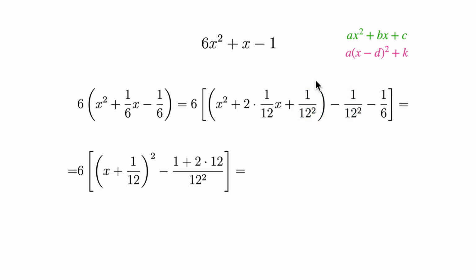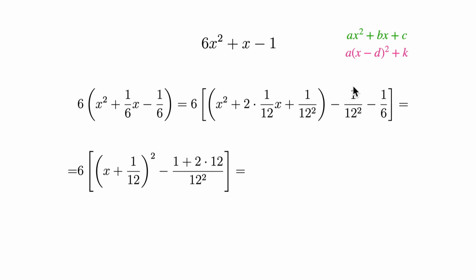And now here I already do have a perfect square. It is x plus 1/12 all squared, and now I just have to put these two together. So here the common denominator is 12 squared, and then I have to add the numerators, right?